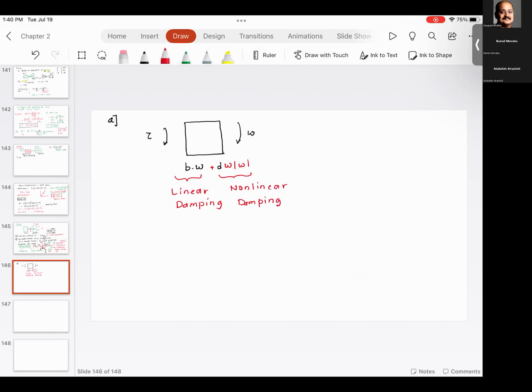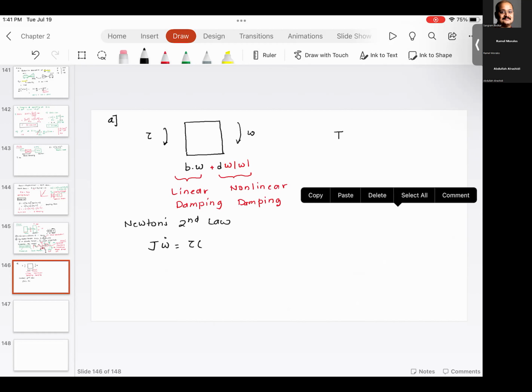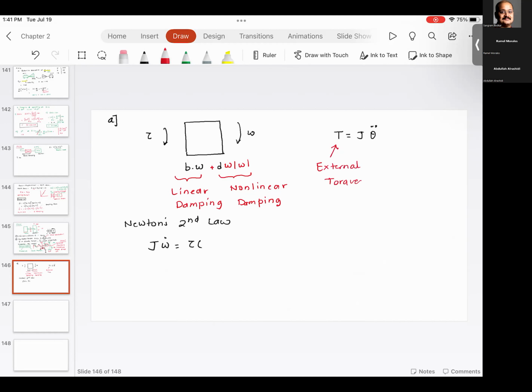So using Newton's second law, J omega dot is equal to the external torque. So this equation is torque is equal to J theta double dot. This is the external torque, and these are the inertial forces.